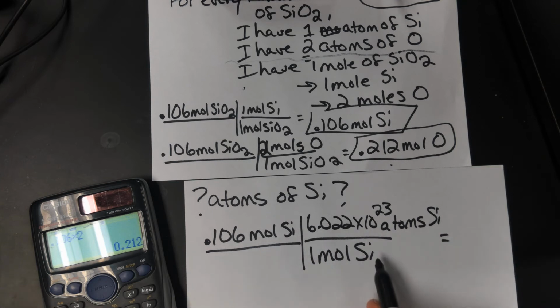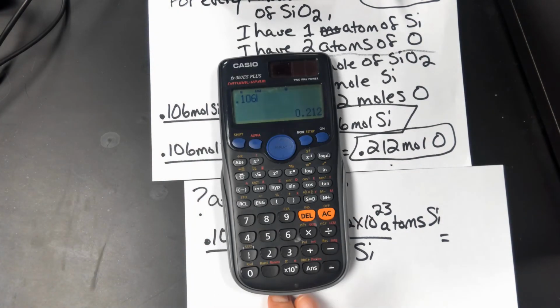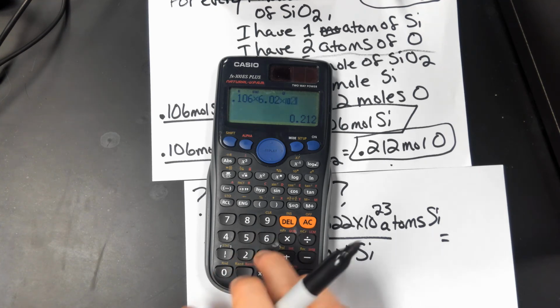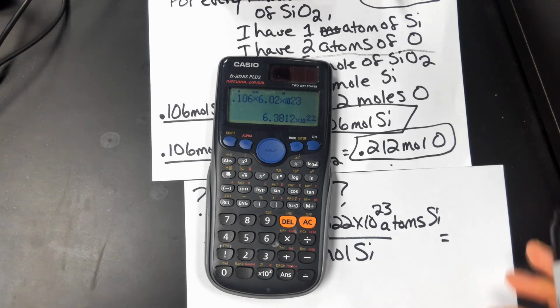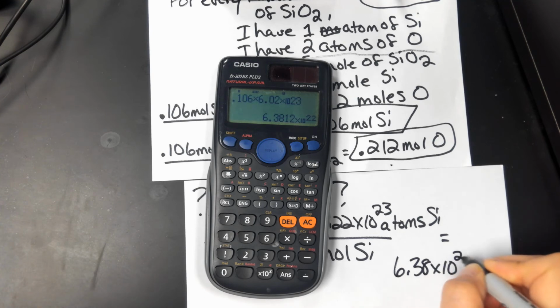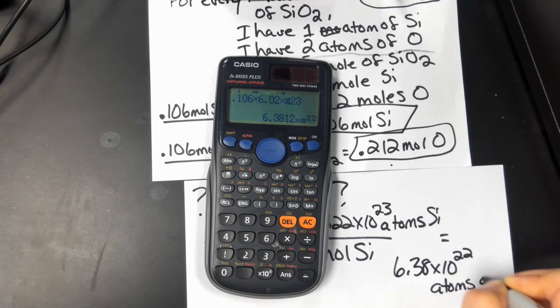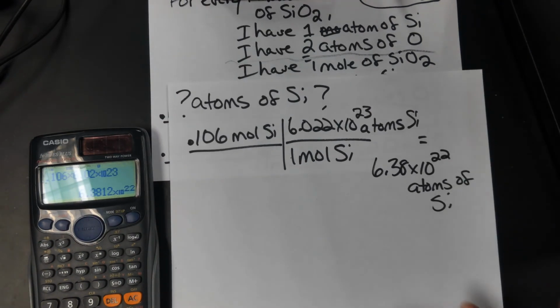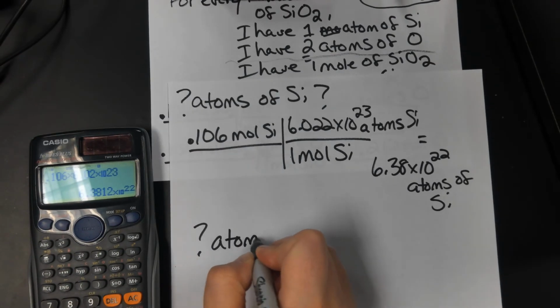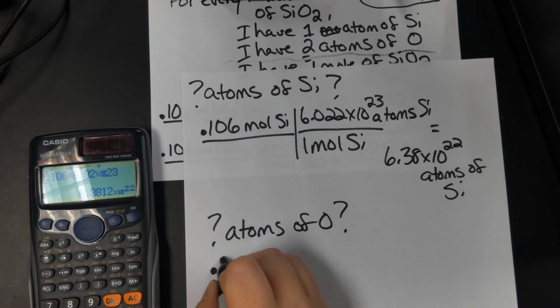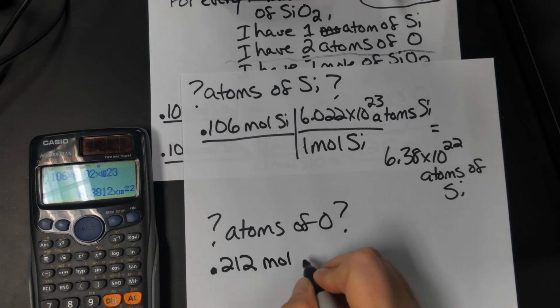Multiply the tops, divide by the bottoms, so it's really just 0.106 times 6.022 times 10 to the 23rd. So I got 6.38 times 10 to the 22 atoms of silicon. How many atoms of oxygen? So I have 0.212 moles of oxygen.